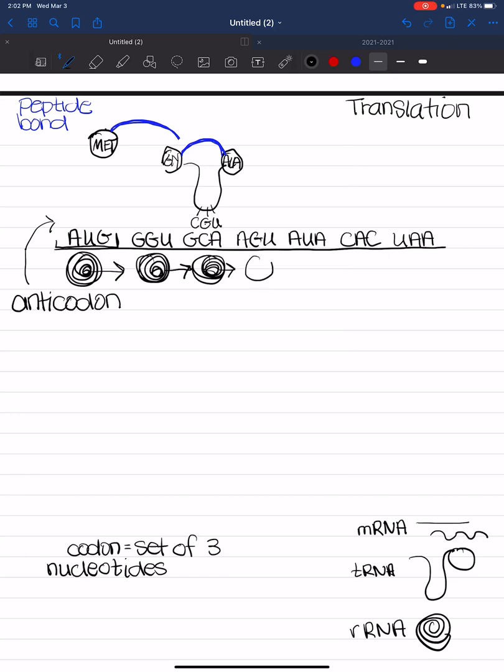We scoot down the chain again. The next transfer RNA comes in. It's going to have the anticodon UCA. It carries the amino acid serine, so SER.